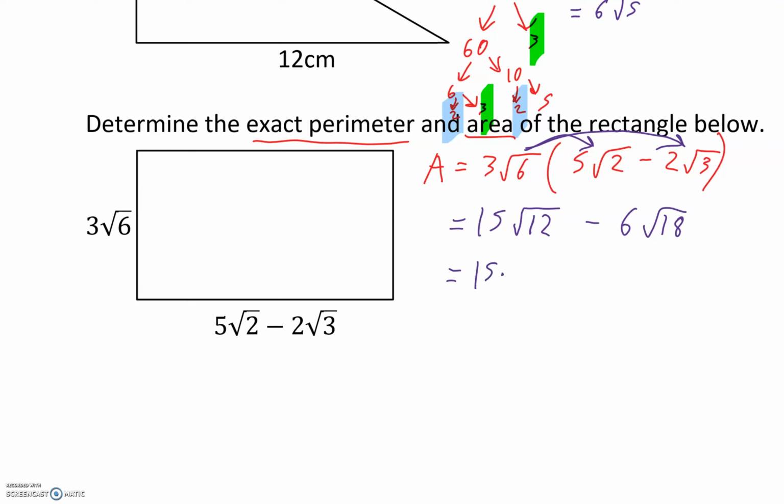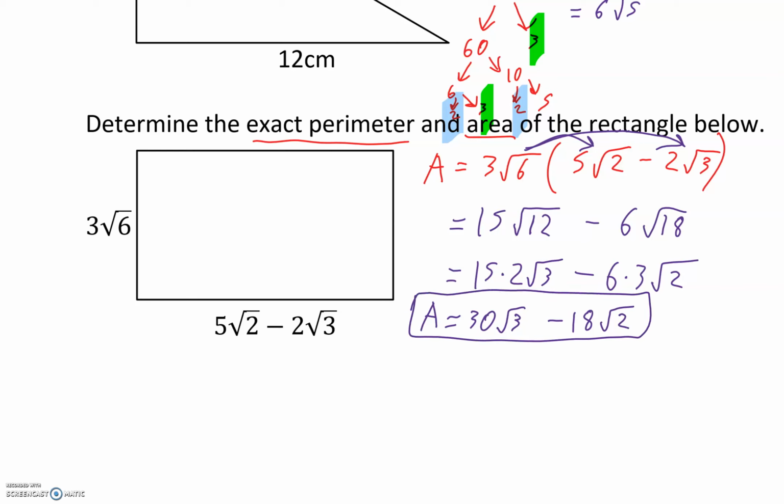So 15 times 2 root 3 minus 6 times, and we can take out a 9, so we can take out a 3 and have root 2. This gives us 30 root 3 minus 18 root 2 as our area and our final answer here.